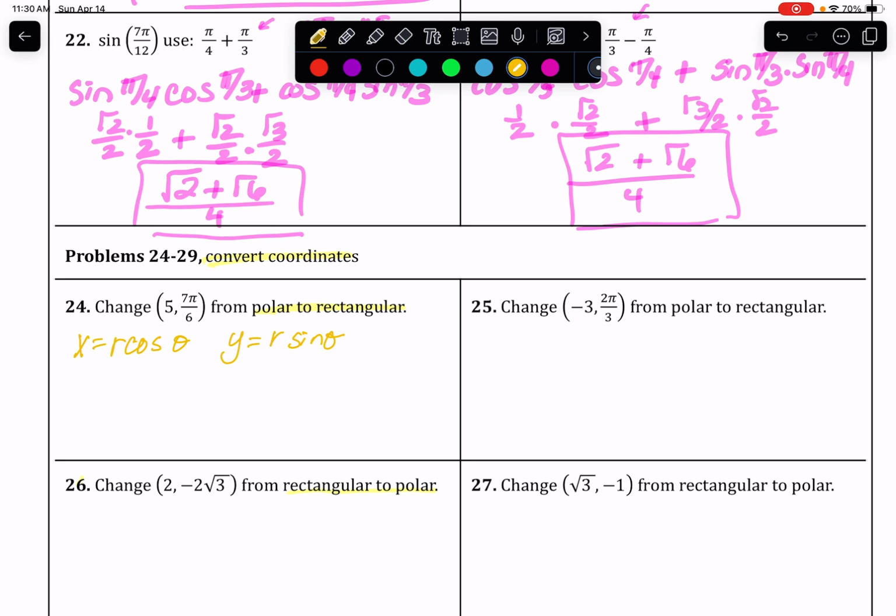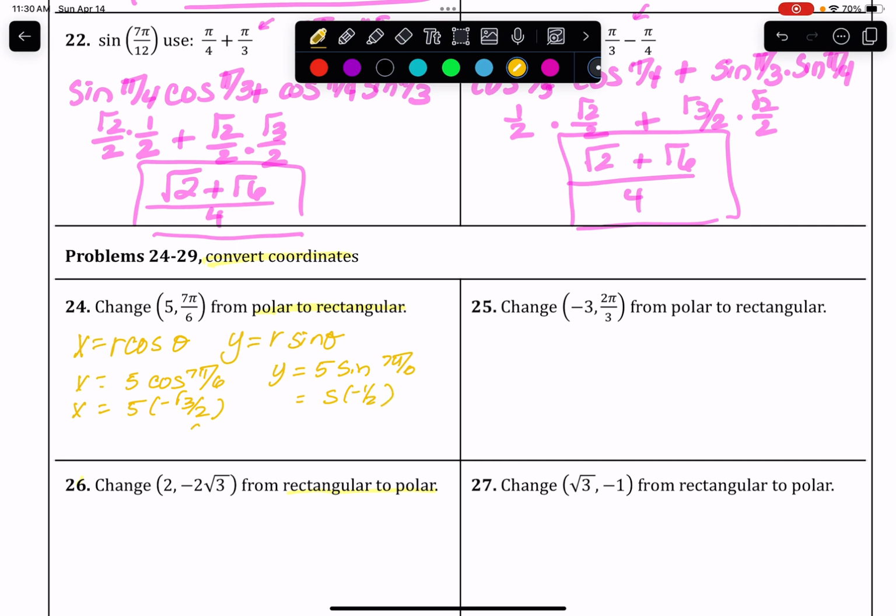So that means that x is 5 times the cosine of 7 pi over 6, which is 5 times negative square root of 3 over 2. And y would be 5 times the sine of 7 pi over 6, which is 5 times negative 1/2.